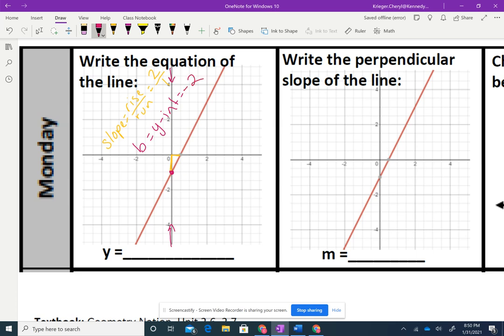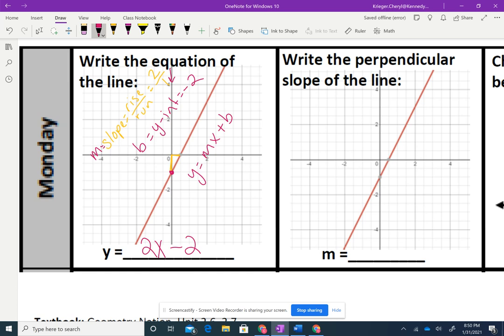So putting it all together, we put it in slope-intercept form, y equals mx plus b. So slope represents m, right? And so we found out our slope was 2 over 1, which simplifies to 2. So this is y equals 2x, and my b was -2, so plus -2. Y equals 2x minus 2.